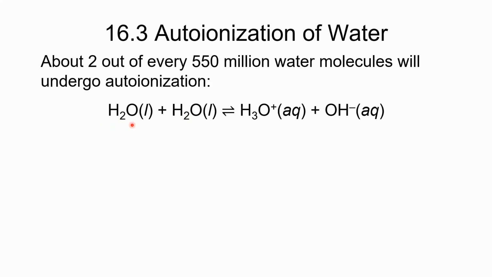The word autoionization means you have two of the same molecule, for example, water, and one of them becomes a cation and one of them becomes an anion.